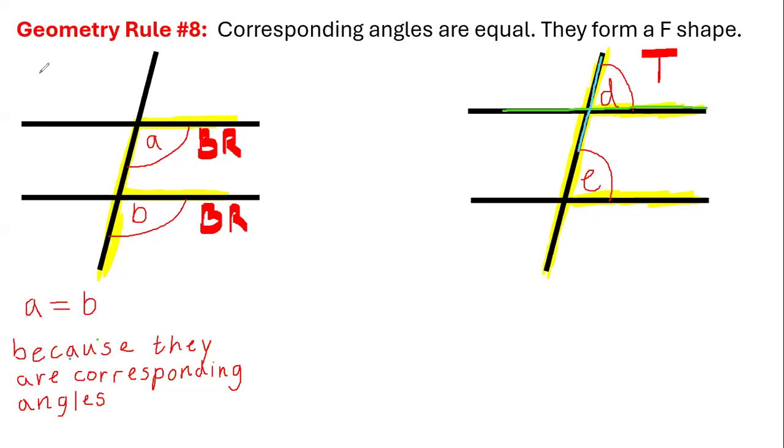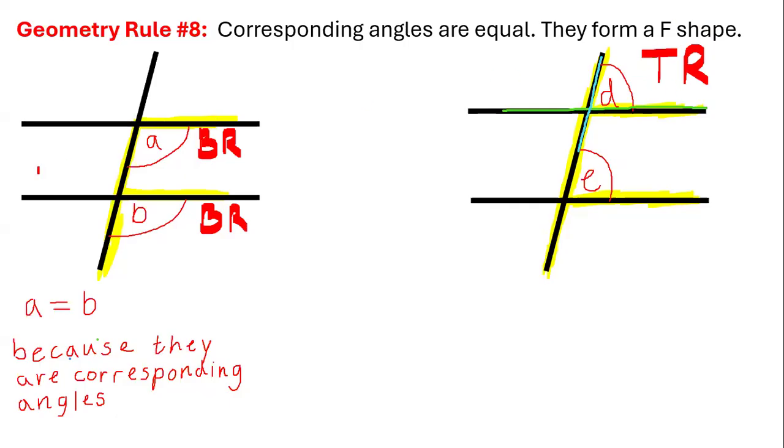To the right, very good. So D is at the top right. Make sense to y'all? So we need to find an angle that's corresponding to this. The corresponding angle must also be at the top right.